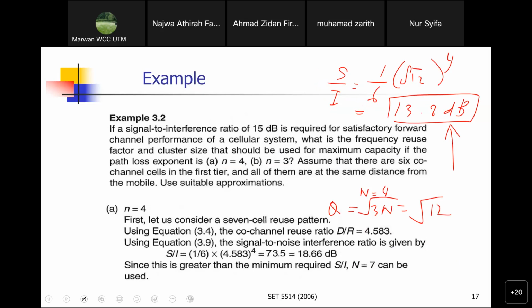If I use the smaller cluster, which is 4, my C over I is 13.8, which does not meet the requirement of 15 dB. So I have to use a bigger cluster. I have to push the co-channel cells even further away. The next bigger cluster after 4 is 7. That's why it shows that 7 is sufficient. 7 can achieve 18.66. Okay, so this is for n equals 4.